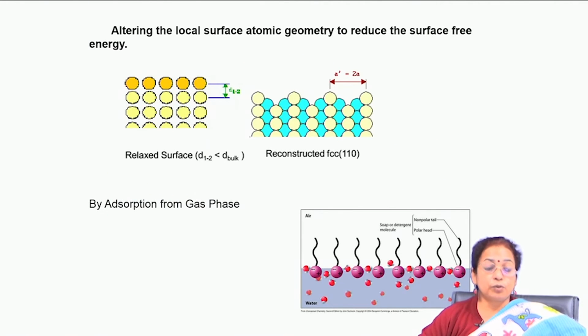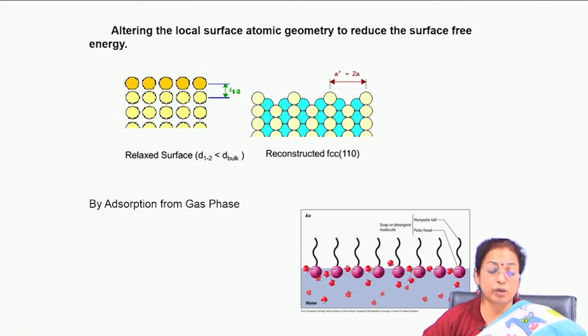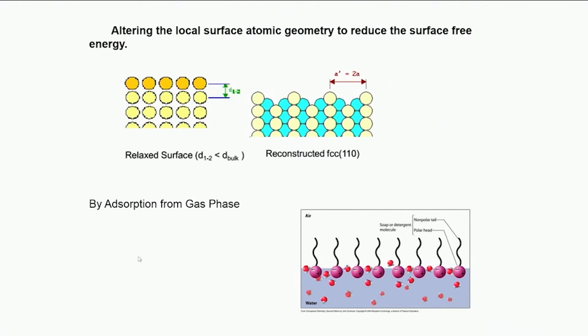So, another phenomenon which is usually observed in metallic materials or maybe semiconductor materials, when you see the surface under ultra high vacuum, is the change in atomic arrangement of the surface. So, there are two important changes which occur, especially when you take pure materials, maybe metallic or non-metallic, and see them under ultra high vacuum.